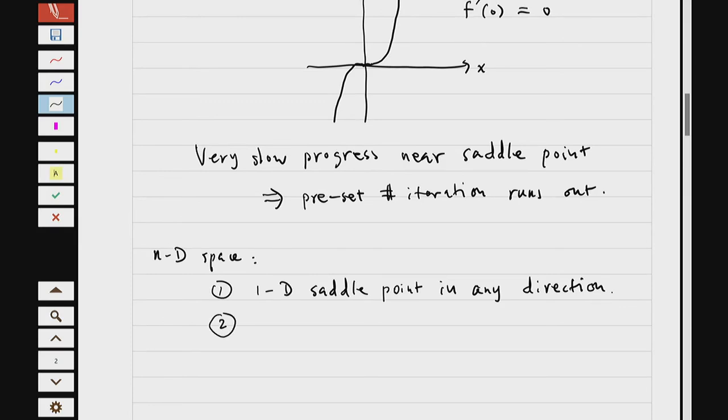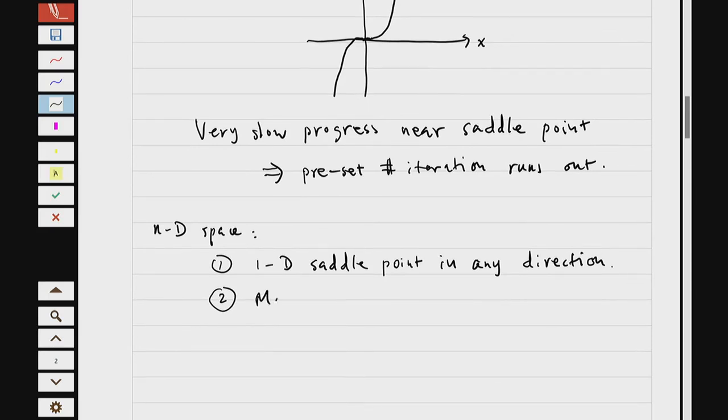But in high-dimensional space, there's another kind of saddle point, which is that it is a maximum in some direction, and then it is a minimum in another direction. Okay. So you still have the gradient equal to 0, right? But then it is kind of this weird thing. It is not a good point to use.